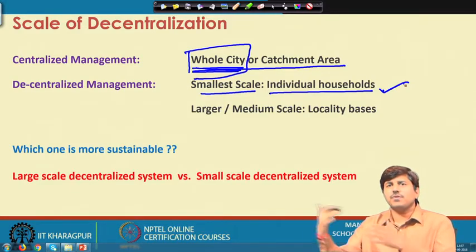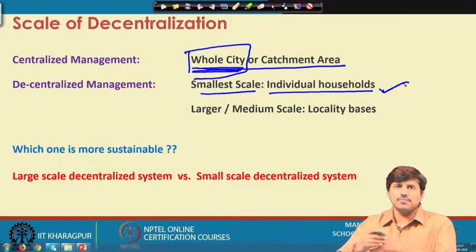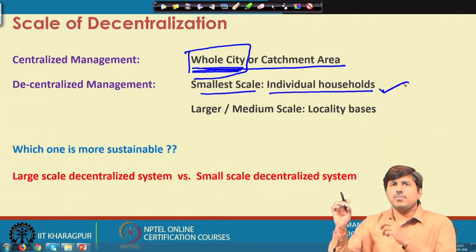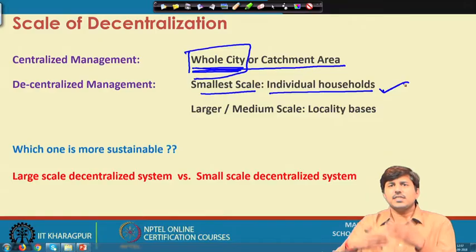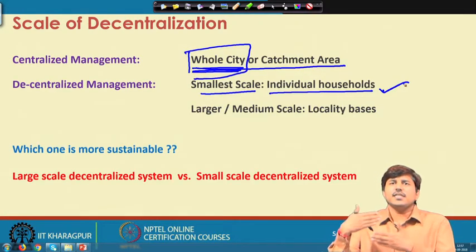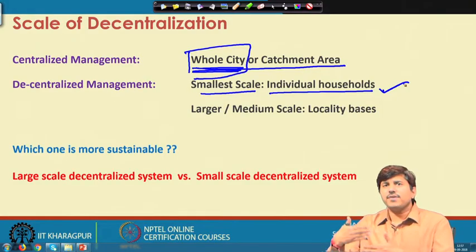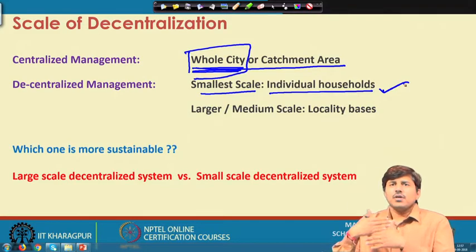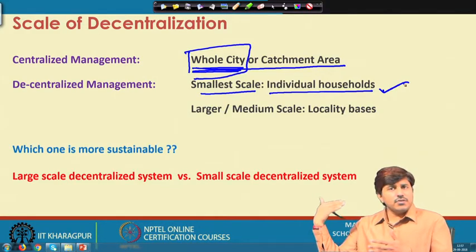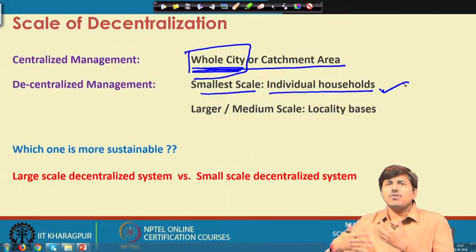Of course, we have moved from septic tanks to better systems, but in terms of centralized versus decentralized systems, that is the smallest scale decentralized system, where we have a treatment facility at the household level.